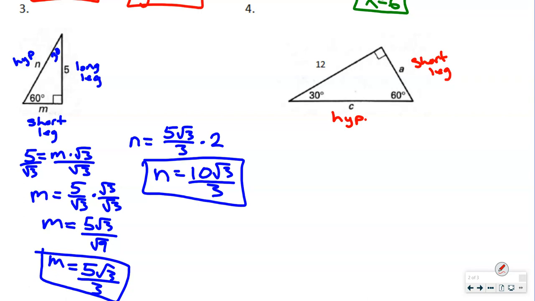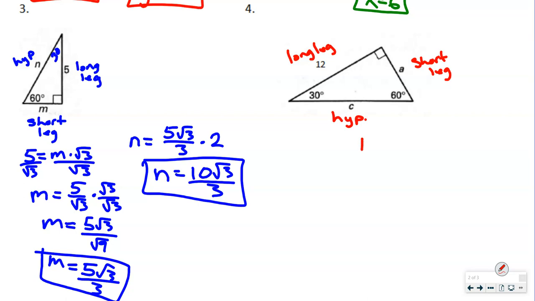And then our long leg is 12. So again, we know our long leg, but not the short leg or the hypotenuse. So we'll use our long leg to help us find the short leg, and then use our short leg to help us find the hypotenuse.